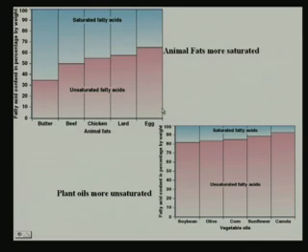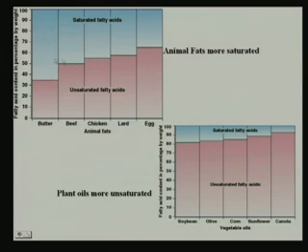Now, if we see the sources of different lipid molecules in animal as well as plant, we can find that in animal systems, whatever lipid molecules are present are mostly the saturated form.